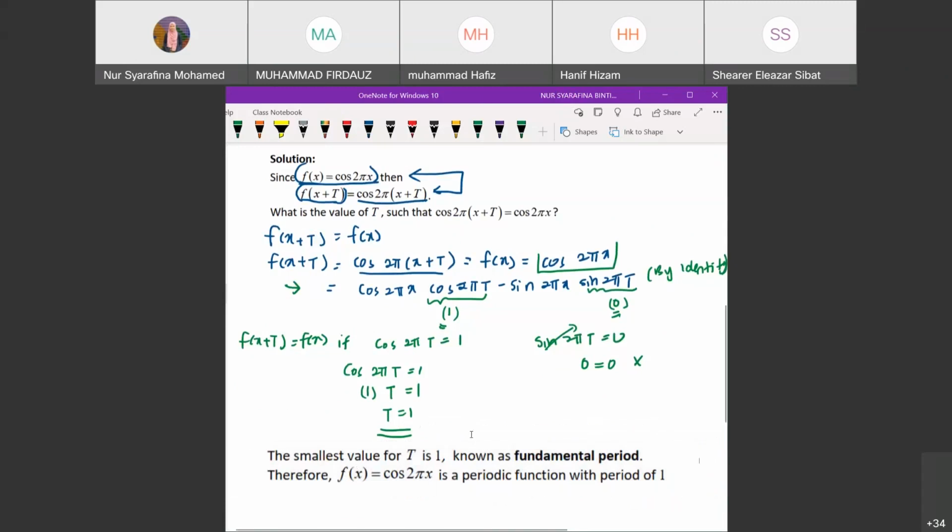Therefore, f(x) equals cos 2πx is a periodic function with a period of 1. So f(x + T) equals f(x) when T equals 1. All right, clear or not?